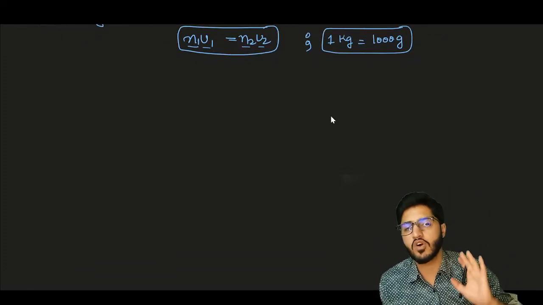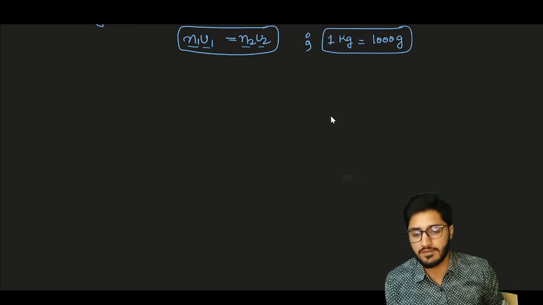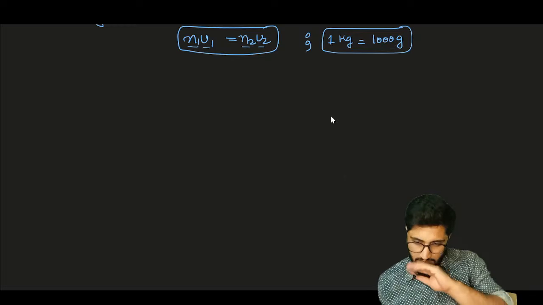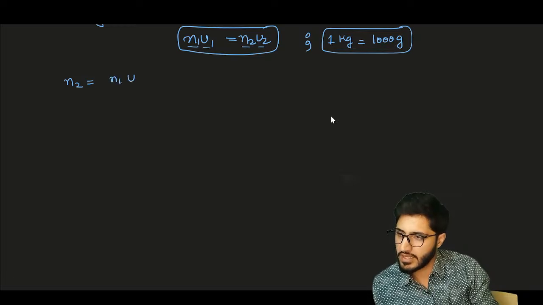If we have some quantity which is expressed in its base terms, that is M, L, T, how can we do it now? Look, my n2 is equal to n1 u1 by u2.